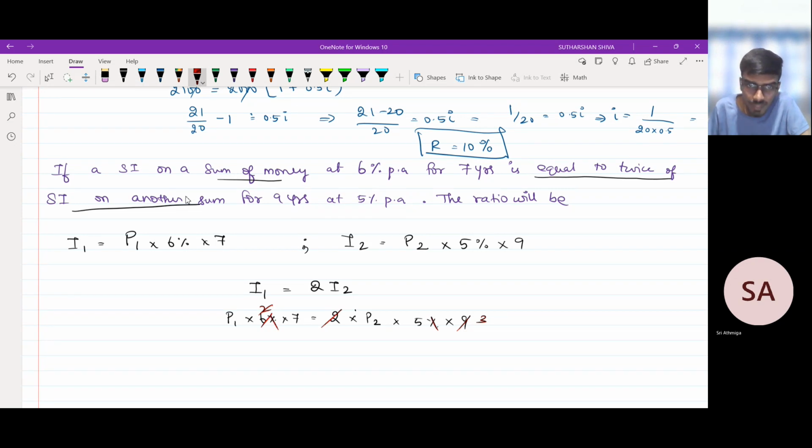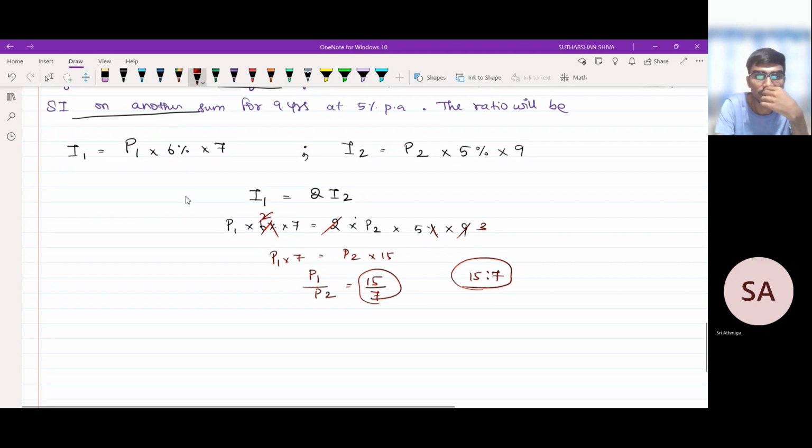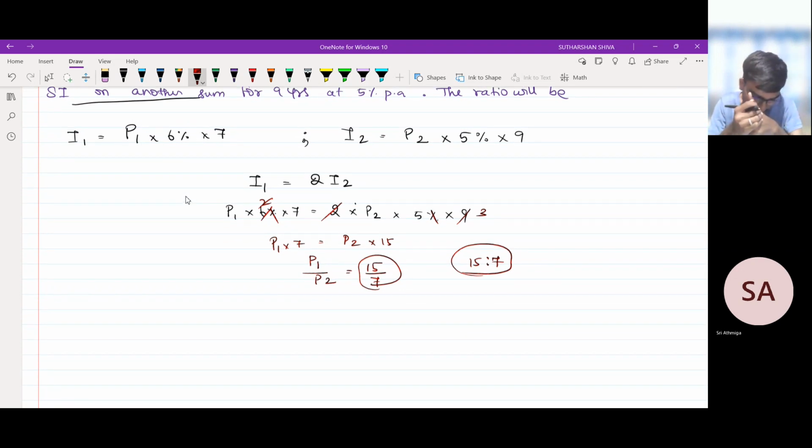So the remaining is P1 into 7 equal to P2 into 15. P1 divided by P2 is equal to 15 divided by 7. Therefore, the ratio will be 15:7.